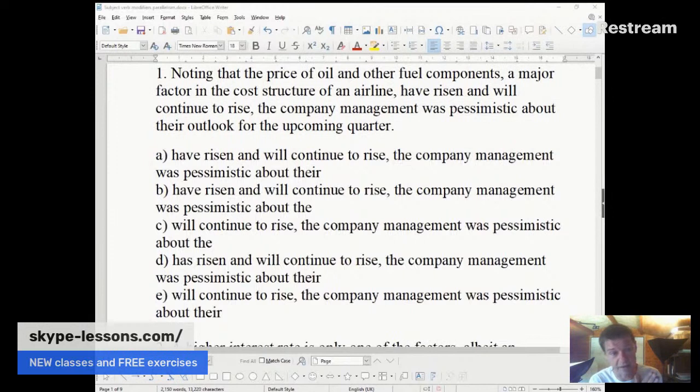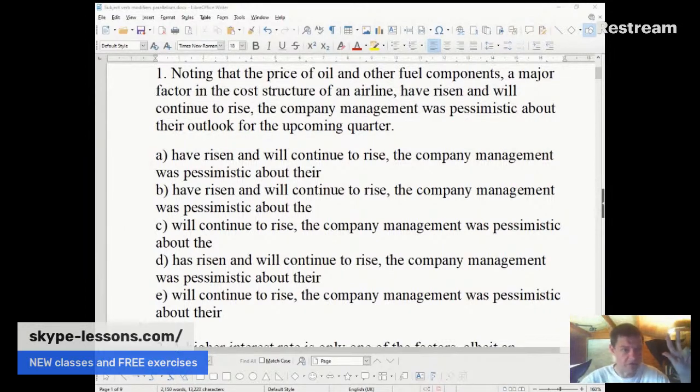That's the wrong logic, okay? Because if we look carefully at this question and we ask ourselves, what has actually risen? Yeah, because when we've got the price of oil and other fuel components, we've got a number of nouns there. We've got the price, we've got the oil, we've got the fuel components. We've got three things. Now, ask yourself, which one of those three things has actually risen, or have all three risen?